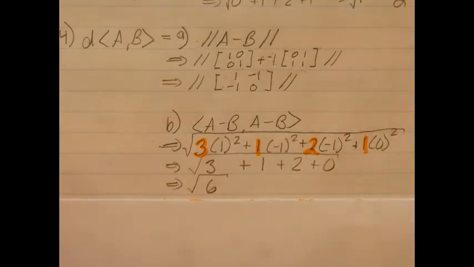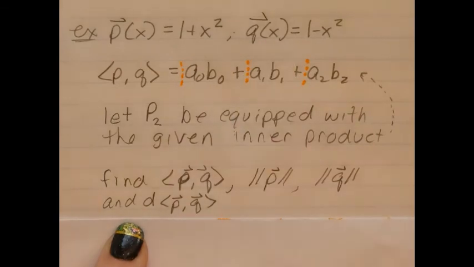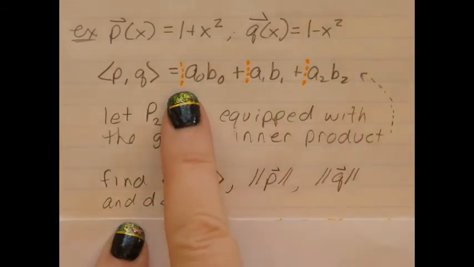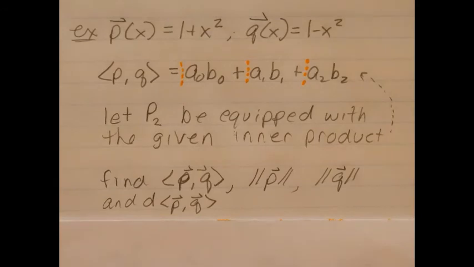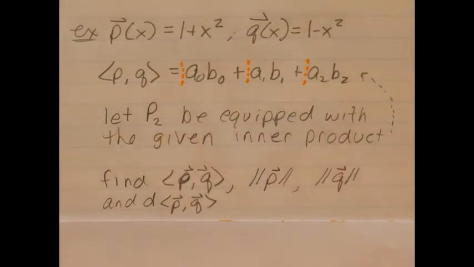Brand new stuff, but mostly because we're in inner product space and we can do more. That's it. Vector P of x is equal to 1 plus x squared. Vector Q of x, I know it feels weird, is 1 minus x squared. The inner product of P and Q has a standard basis, okay, is this. Let P sub 2 be equipped with the given inner product. Now the coefficients on this are 1, 1, and 1, stated in orange.